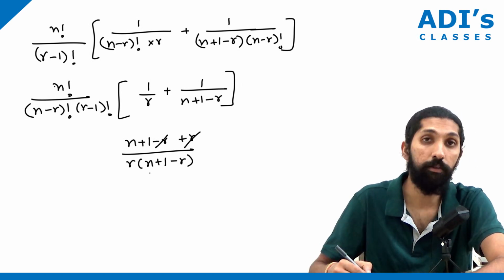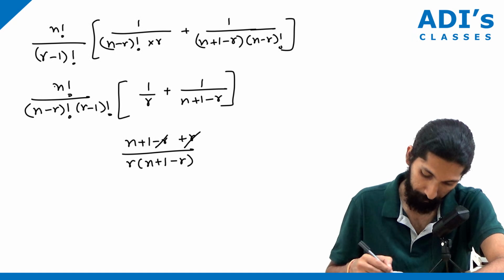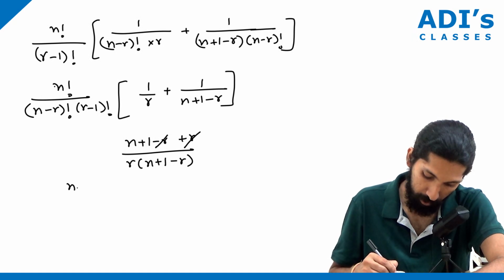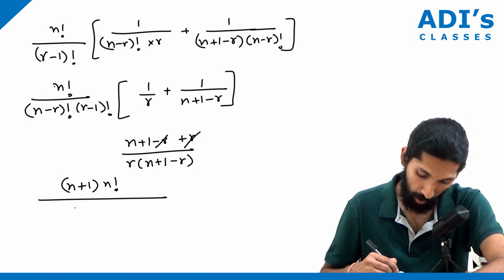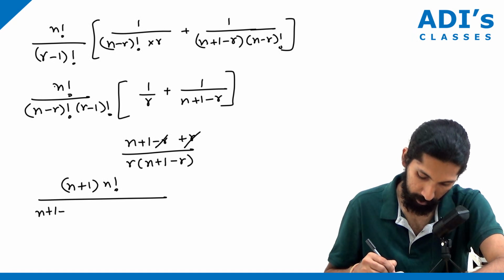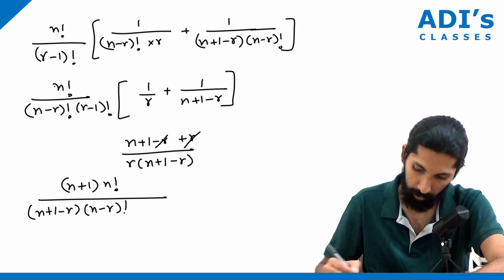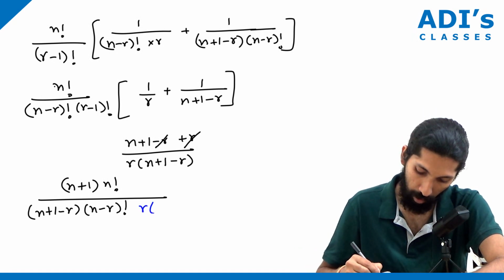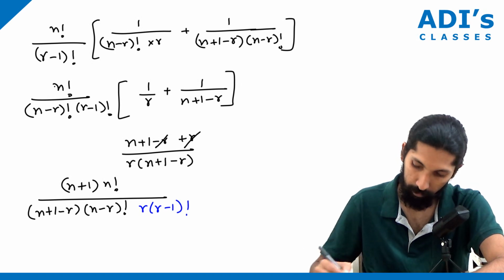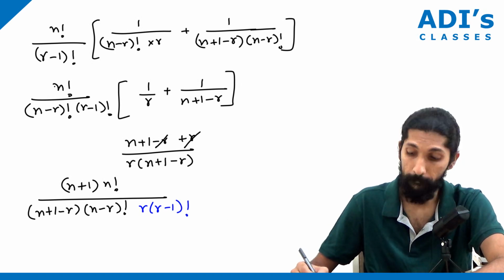r and r cancel out. So what do we get? We get n plus 1 into n factorial, correct, divided by n plus 1 minus r into n minus r factorial, first part, into r into r minus 1 factorial. Isn't it?